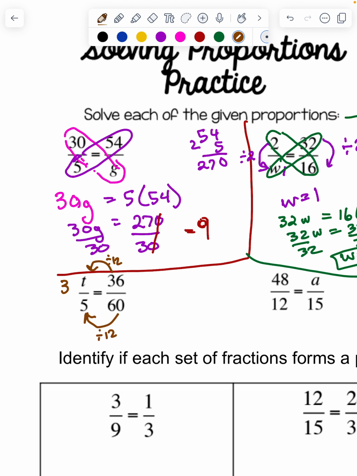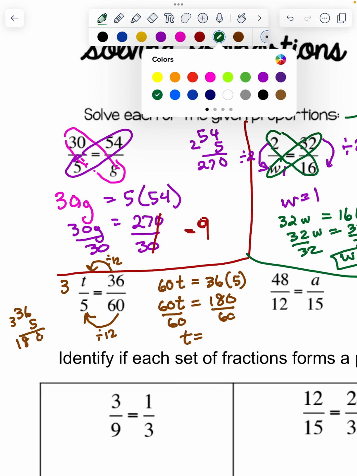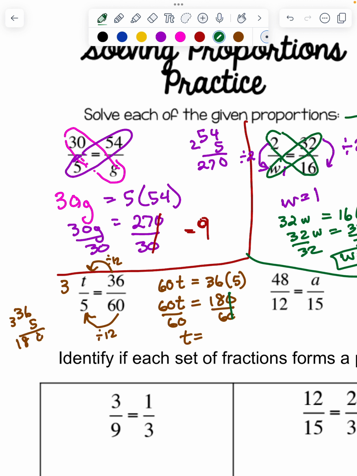I can also cross multiply. 60 times T equals 36 times 5. 36 times 5 is 180. 60T equals 180, divide by 60, divide by 60. T equals, again, any numbers both ending in 0, I can divide by 10. 18 divided by 6 is 3. I still get the same answer either way.